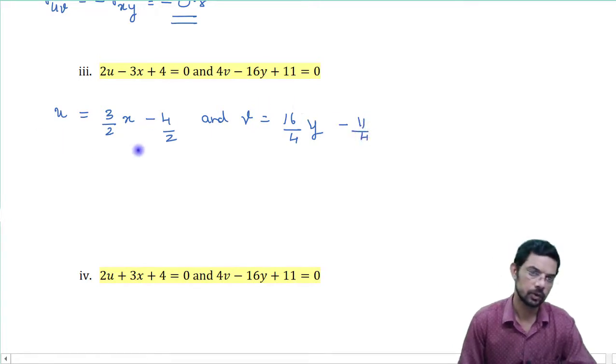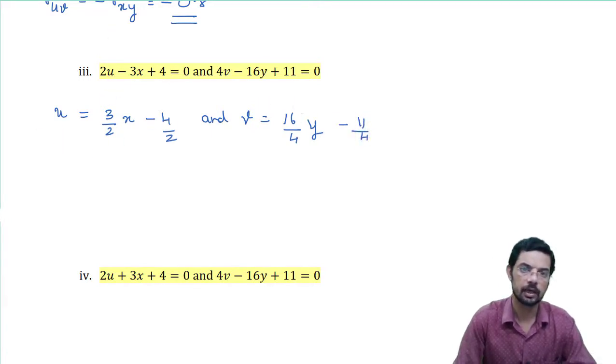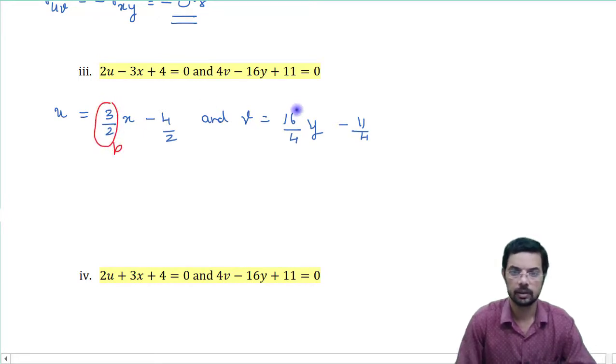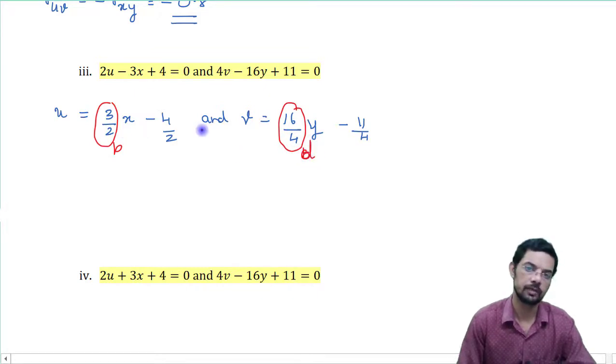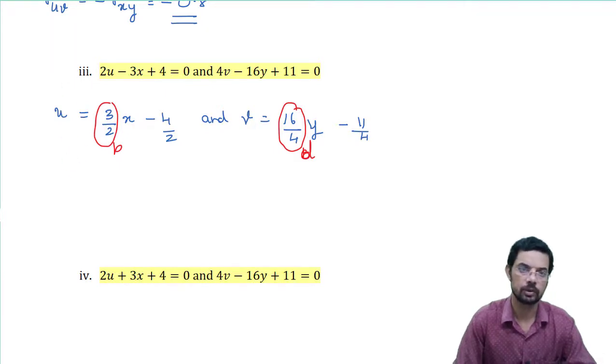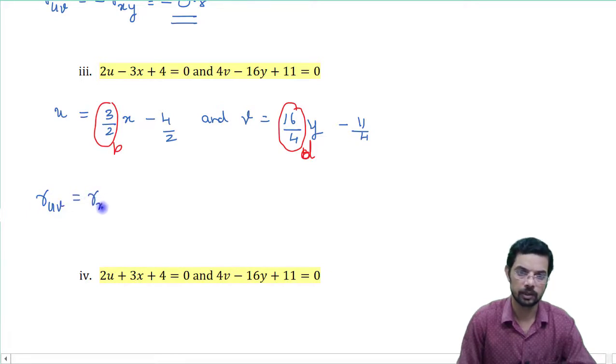So in this case what we have here is b is positive, and this one is also positive, d is also positive. Both have the same signs. So therefore r of uv will be equal to r of xy, and that will be equal to 0.8 as given.